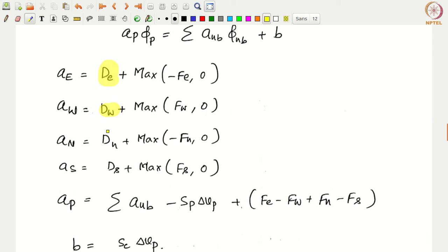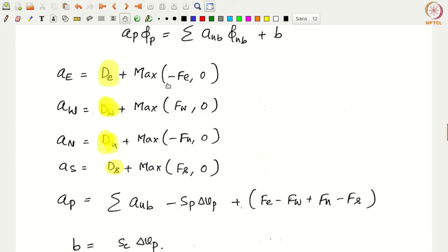These components are all coming from your diffusion, and then this is the convection part. We would not worry about the diffusion terms, which are the same as before. Now in the convection part, depending on the direction of FE, the contribution will either go to A east or it will go to AP.